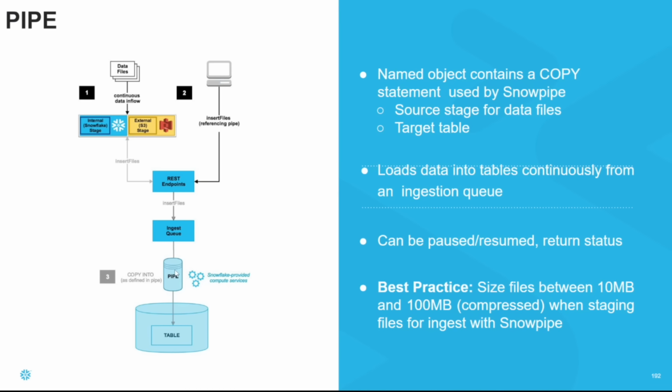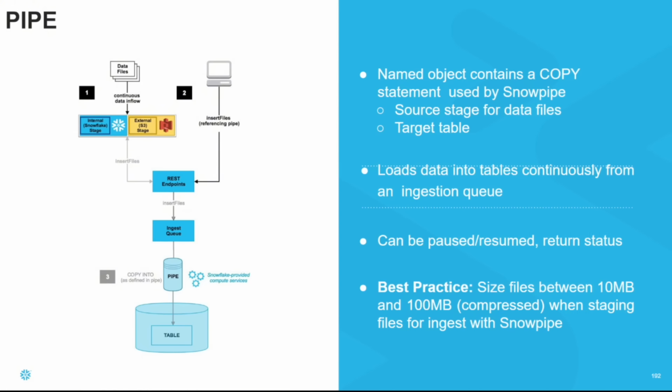Through that event, the pipe will get to know that a file has been loaded to your S3 bucket, and it will run a copy command in an auto ingest mode, and that data will be loaded into a table. So let's see how we perform this operation of setting up Snowpipe in Snowflake.